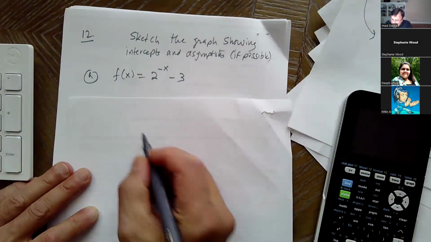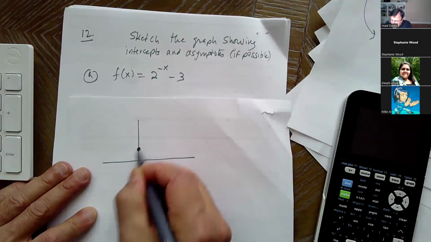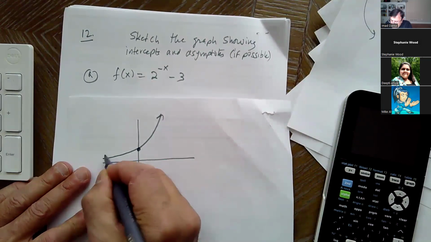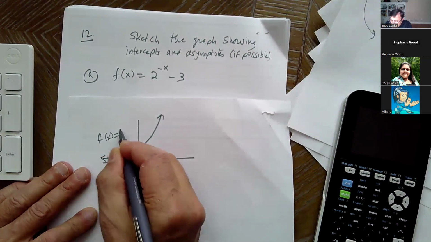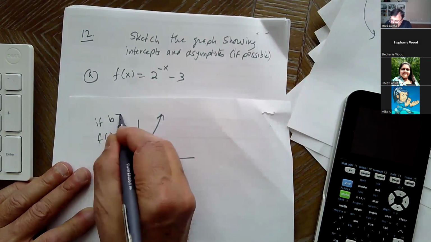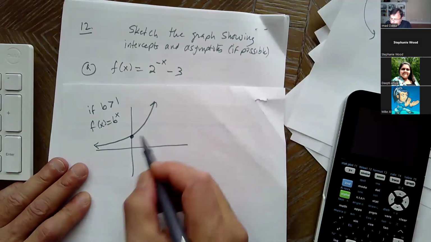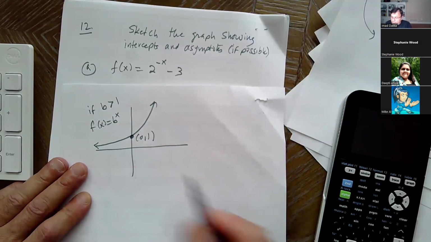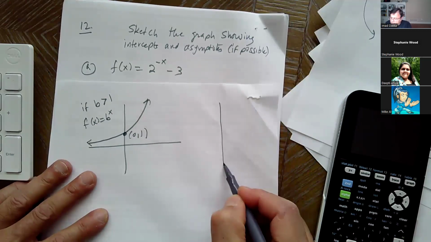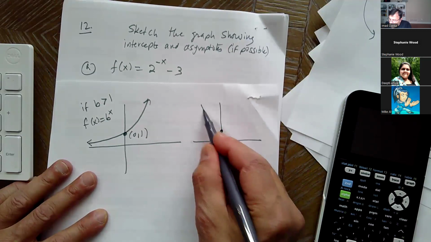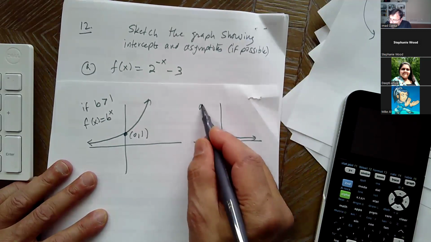There's the exponential growth, f of x equals b to the x, as long as the base is greater than 1. It has a y-intercept at 1. It goes along the negative x-axis, and there's the exponential decay one, when the base is between 0 and 1.